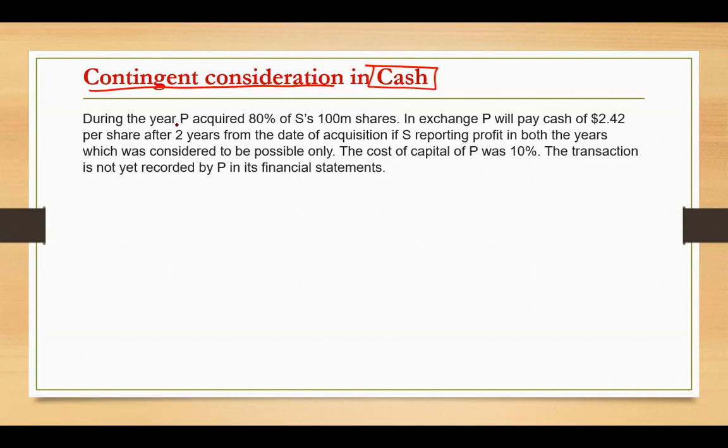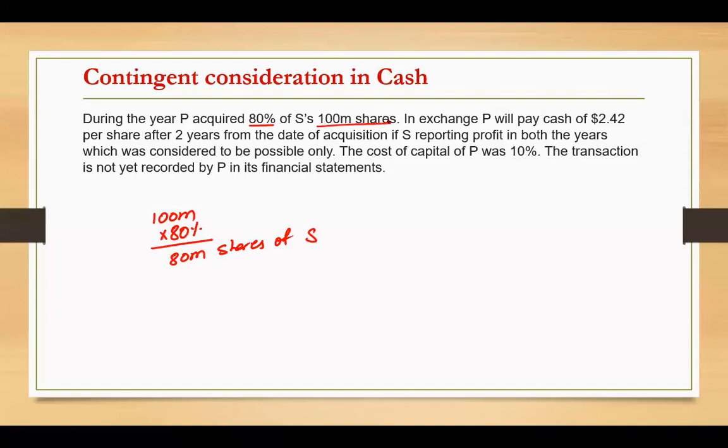During the year, parent acquired 80% of subsidiary's 100 million shares. So out of a total of 100 million shares, we have acquired 80% of that. So 80 million shares of subsidiary have been acquired, 80% of 100 million.